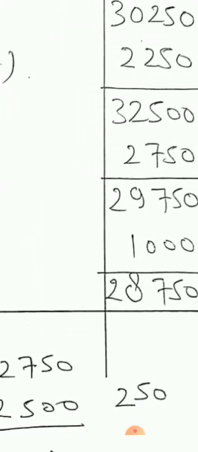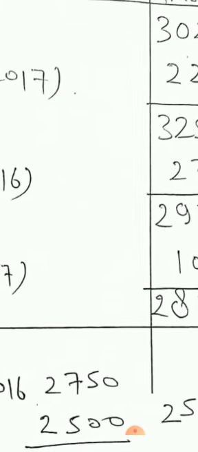Then the total amount is 28,750. This amount is transferred to the income and expenditure account. This is the way we show the subscription in the income and expenditure account. All these details we are calculating.